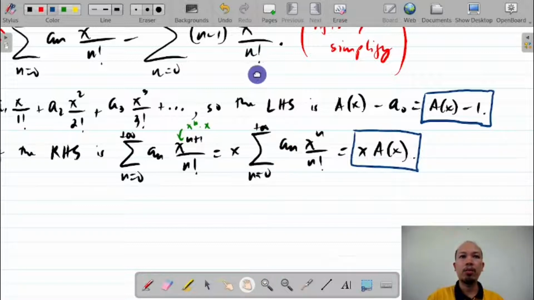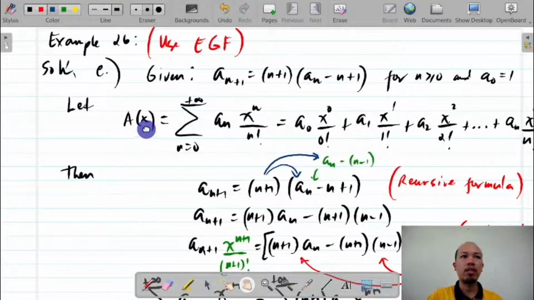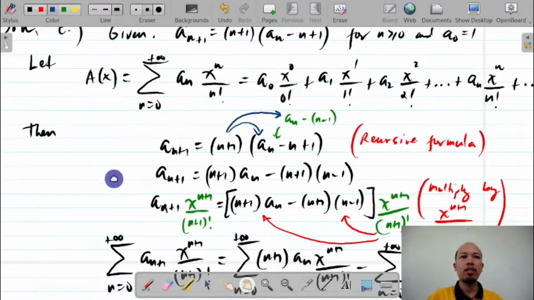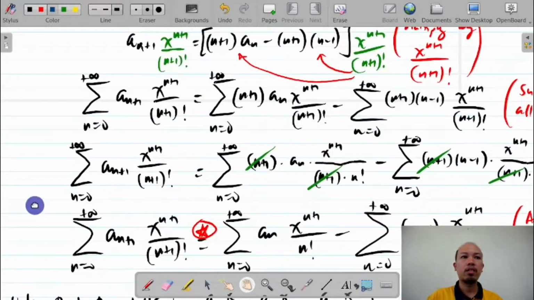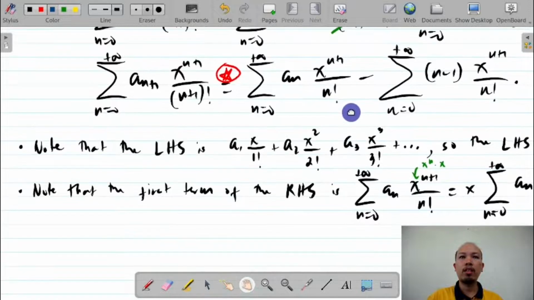If you go back to our assumption here, that's the first term of the right hand side of equation star.